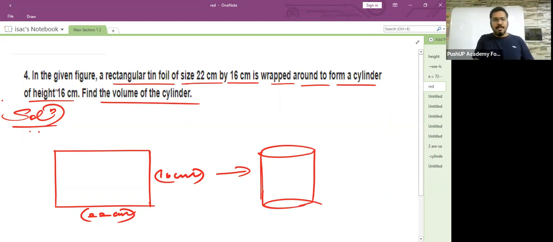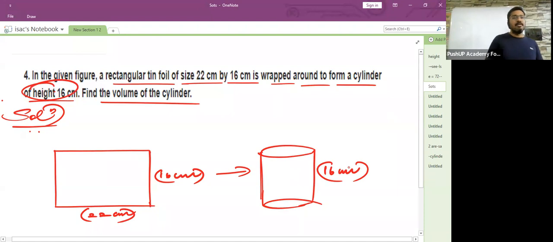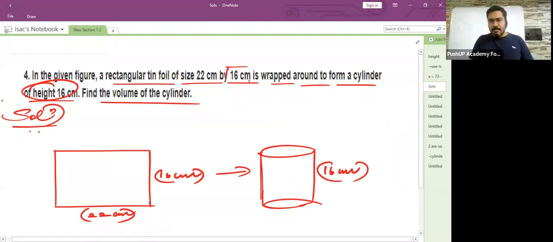If you notice, the height of the cylinder is given to you as 16 centimeters. Children, there is something very important that you have to understand from this. The breadth of the rectangle was 16 centimeter, and the height of the cylinder is the same 16 centimeter.